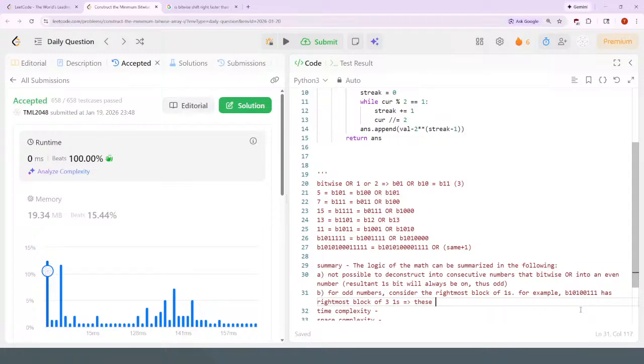These ones can be broken into a power of 2 and a power of 2 minus 1.